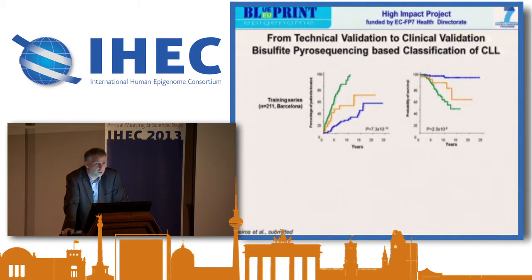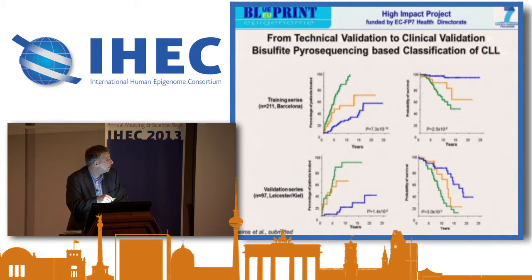And if you have a look into the clinical data, here is the training series from Spain, and you can see, looking only at the survival curves, that they nicely discriminate into the 3 groups as shown in the initial study. But probably more important, this is a cohort which is enriched for quite favorable patients.